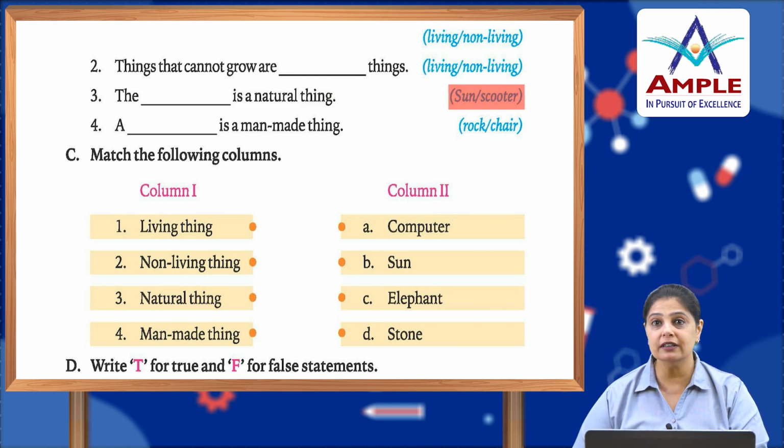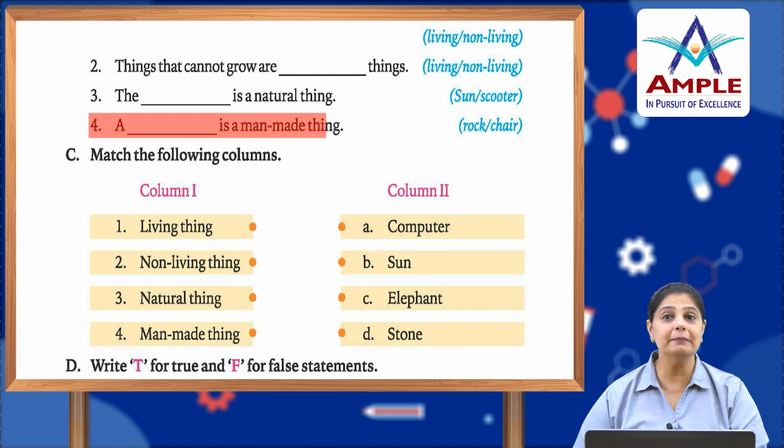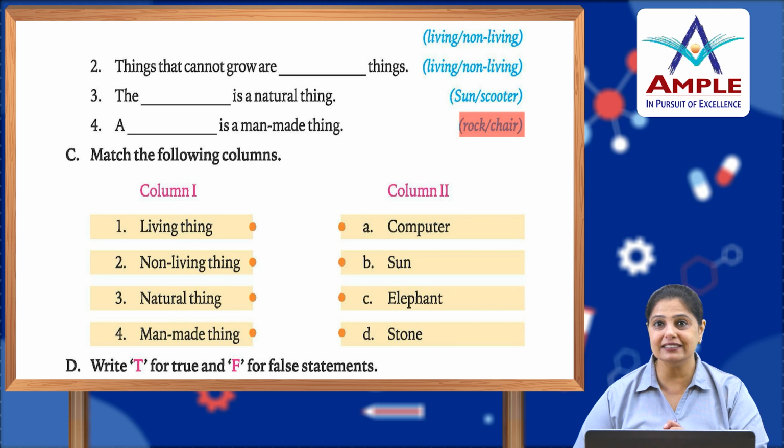Sun or scooter? What is there already in the nature? Come on, guess it. Absolutely right. It's the sun. A dash is a man-made thing. Rock or chair? What is it that the man has created? He has created something for us to sit upon. That's right. It's a chair.